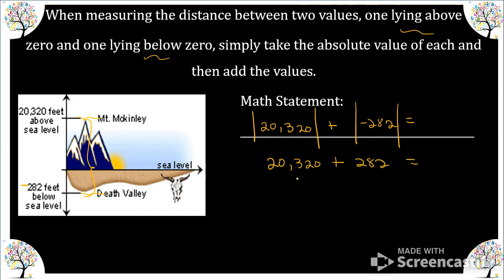And then when we add these together, again, we're not going to use a calculator in this unit. This is the distance from Mount McKinley to Death Valley.